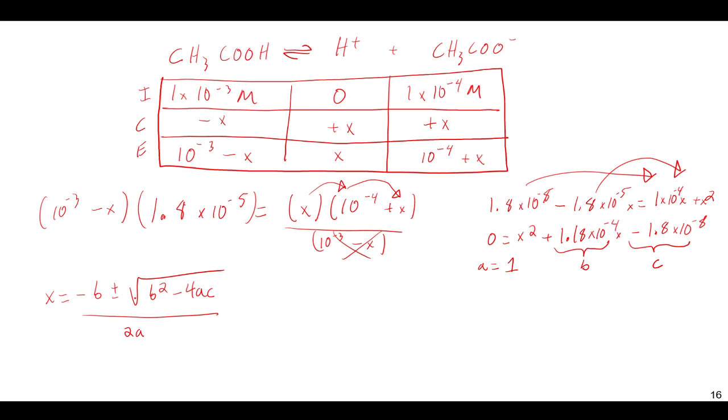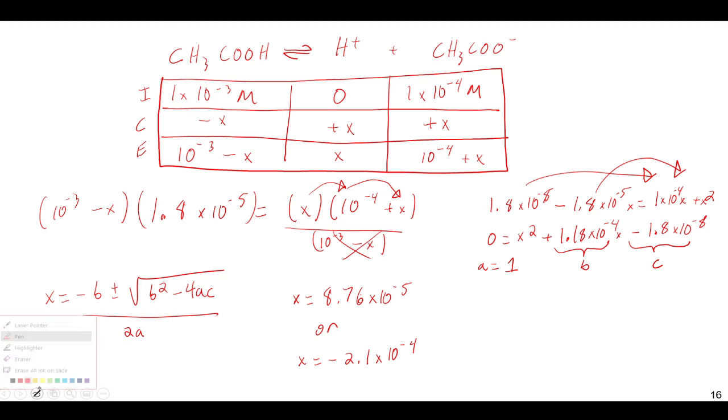I put in my a, b, and c, and I get two different values because there's a plus and a minus: 8.76 times 10 to the negative 5, or negative 2.1 times 10 to the negative 4.